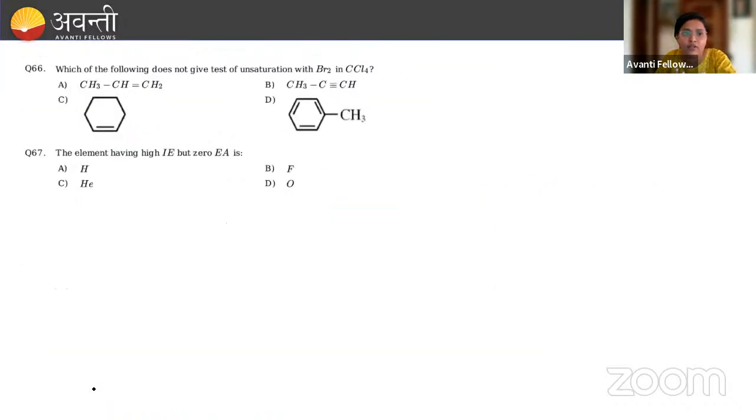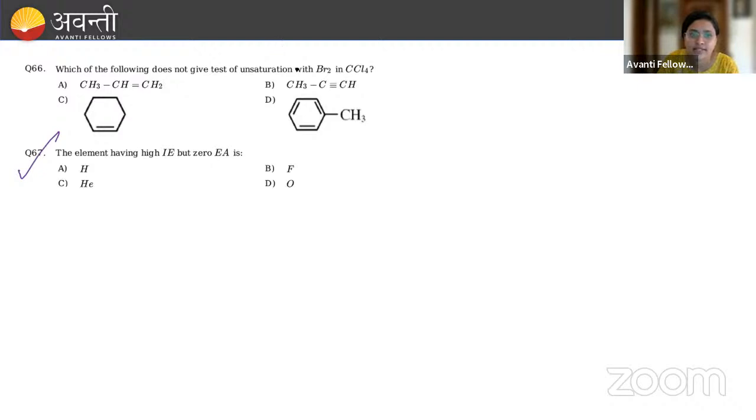Next, which of the following does not give the test of unsaturation with Br2 in CCl4? Yes, tell me. A, B, C, D. Next, this one is also easy.